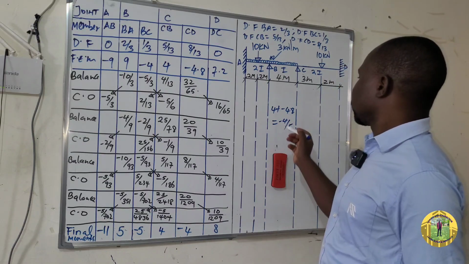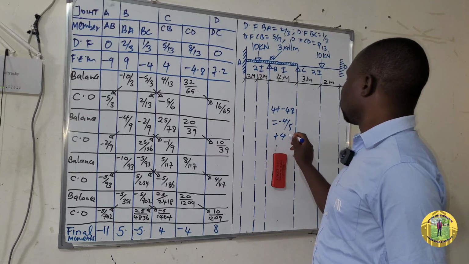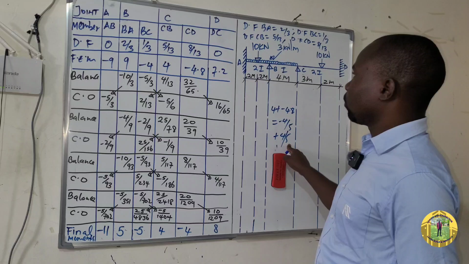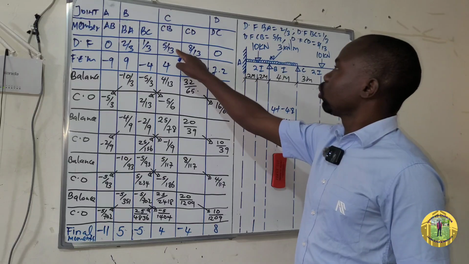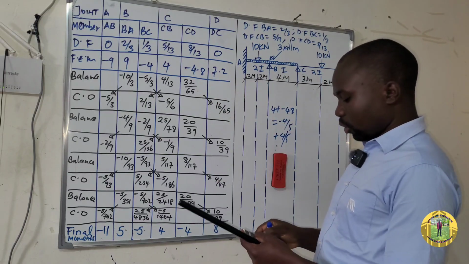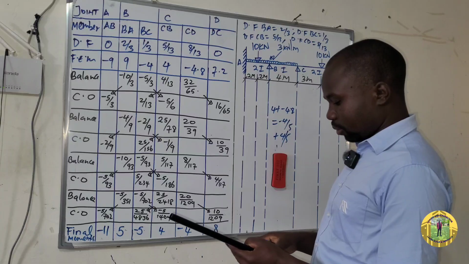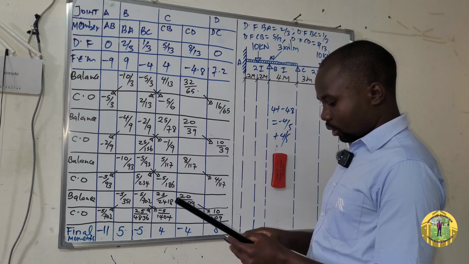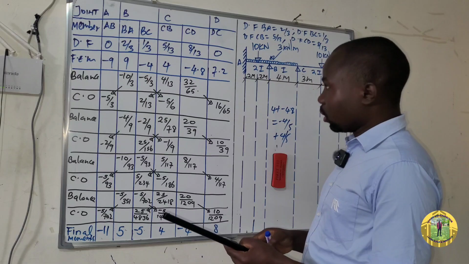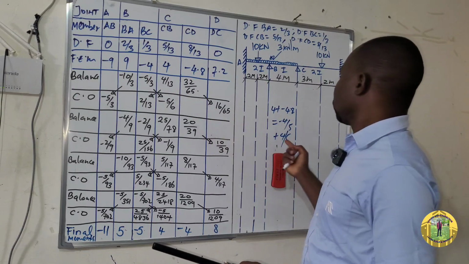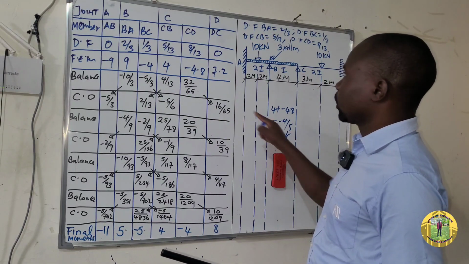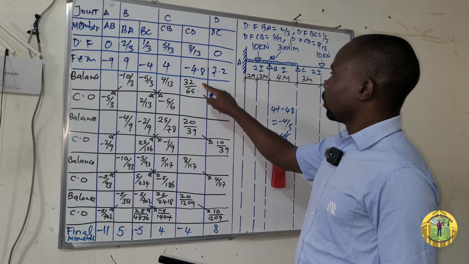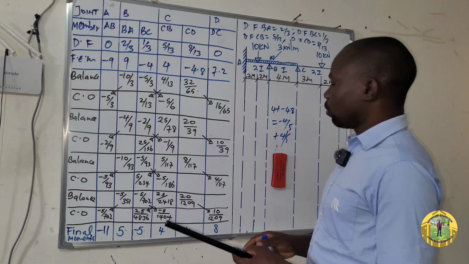So to balance, change this sign to positive, +4/5, and multiply this +4/5 by the distribution factors for each member. So +4/5 times 5/13, you'll get 4/13, and if you take +4/5 times 8/13, you will get 32/65.